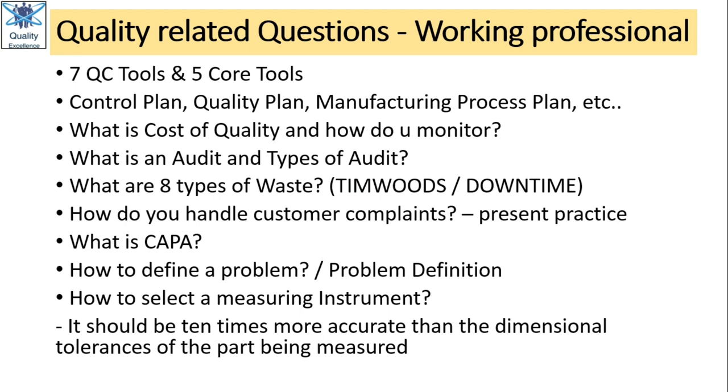Sequence is there. Format or recording media is mentioned there. So everything is a part of this document. Some organizations may call it control plan, some may call it quality plan, or some may call it manufacturing process plan. So depending on your organization, you can reply to this question.